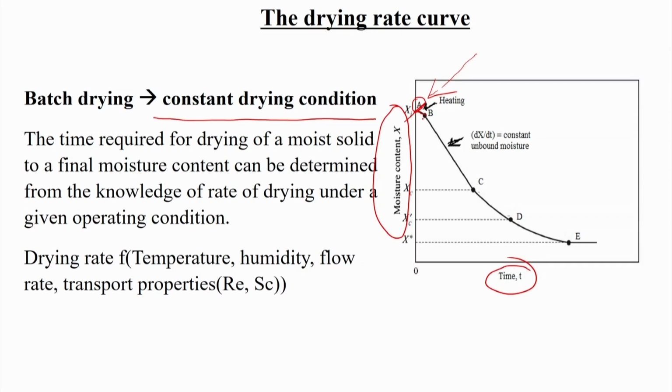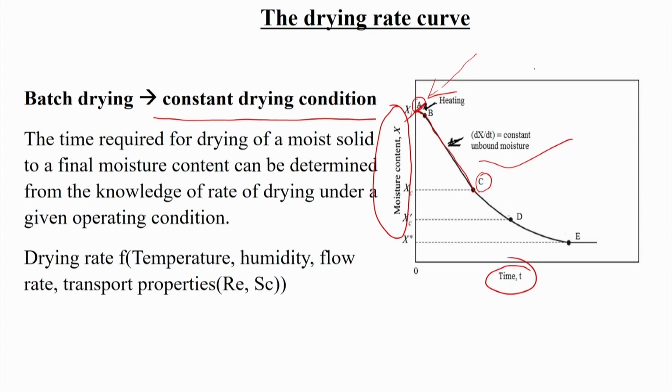Then there is one particular period of drying, from B to C, where dx/dt will be constant. Only unbound moisture will be removed from the wet solid, and the moisture content will decrease linearly.